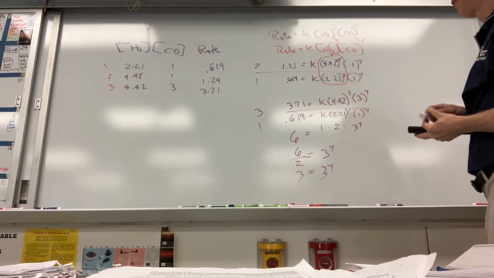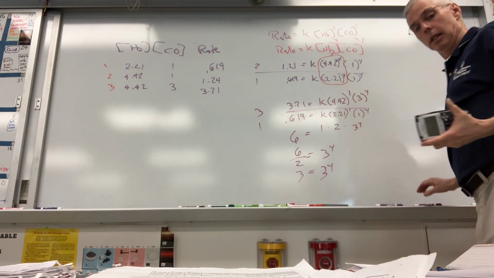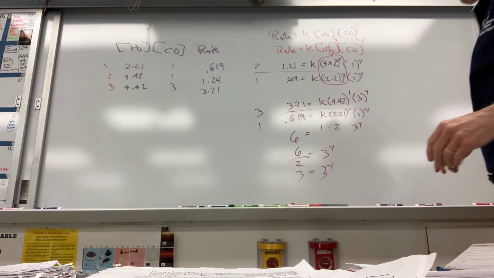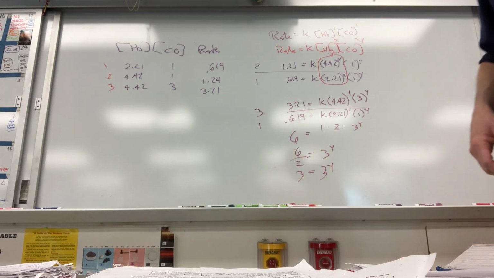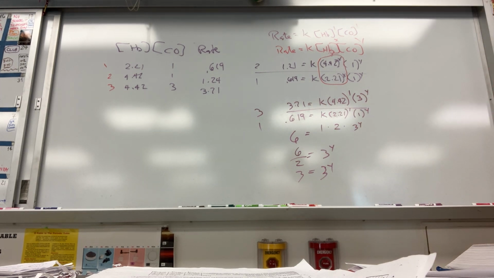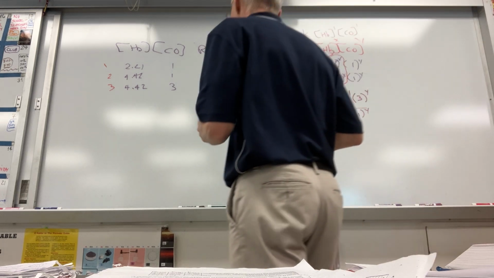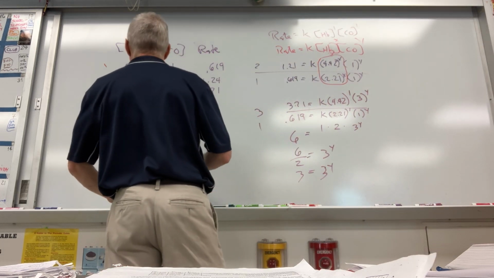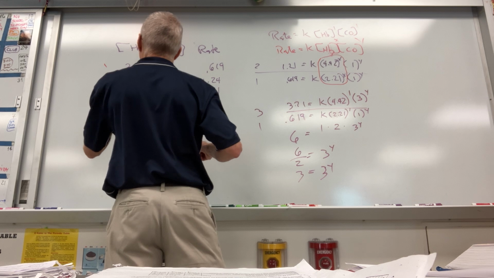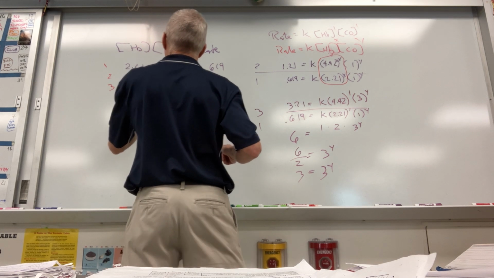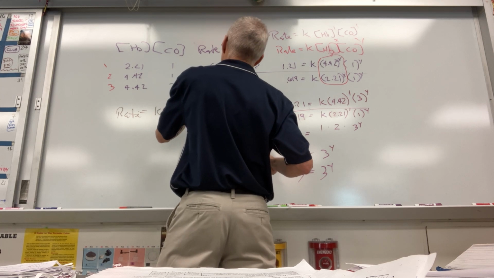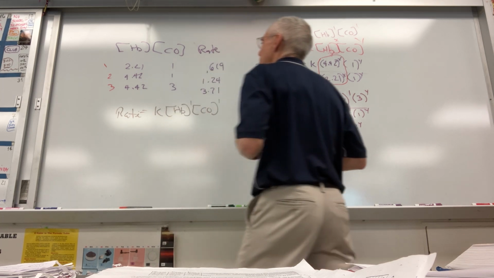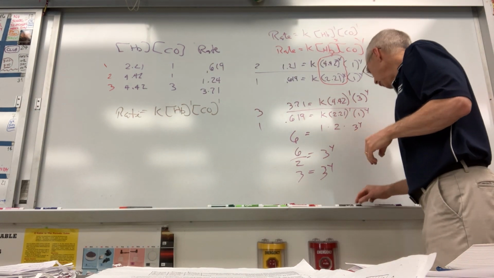Now, if I want to go further, I think it asked you to solve for the rate law and find the rate constant. So let's take it one step further. The rate equals K concentration HB to the first, concentration CO to the first. Pick a set of data and plug it in.